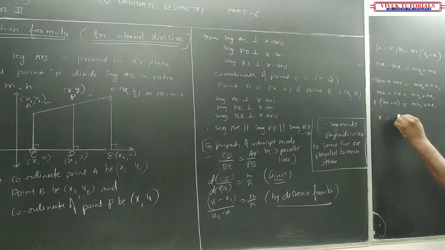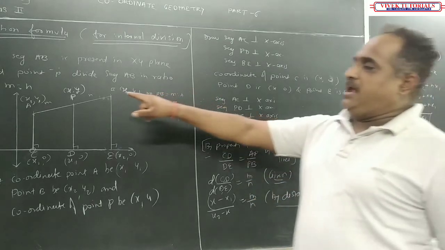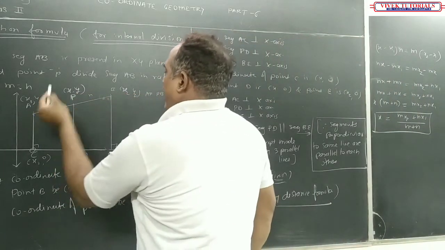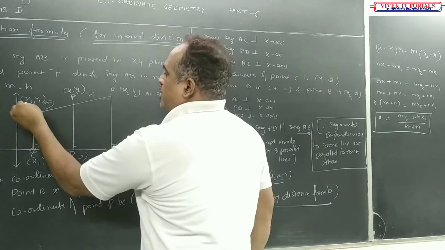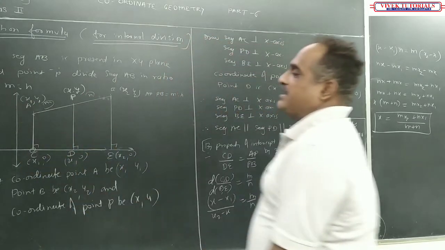So only x then is mx2 plus nx1 upon m plus n. This is actually a section formula. What is section formula? Value of x will be m into x2 plus n into x1 upon m plus n.